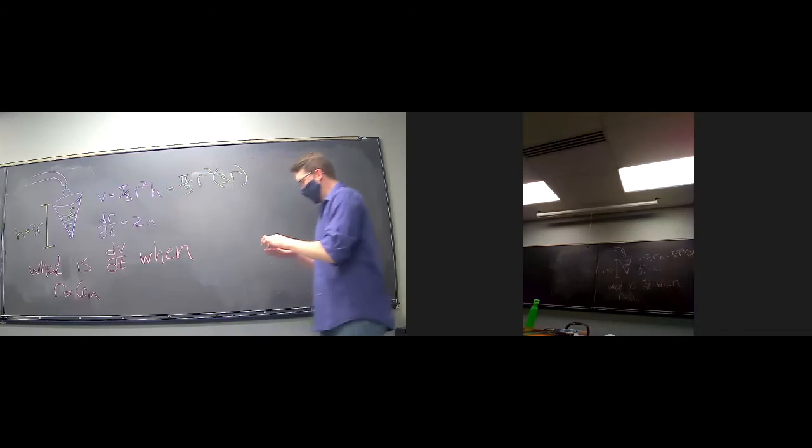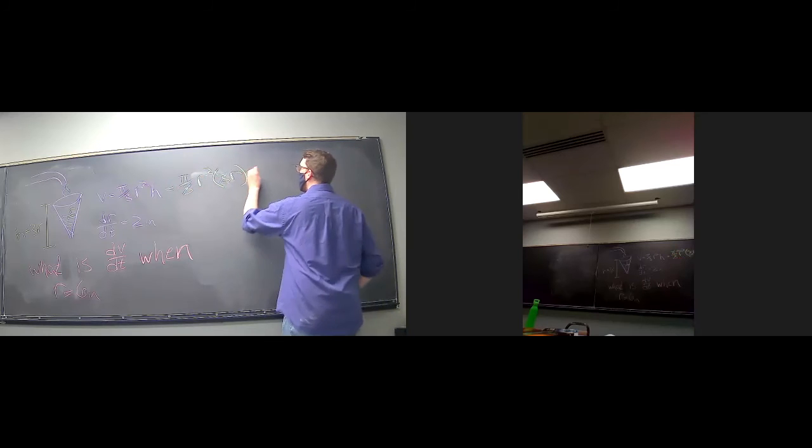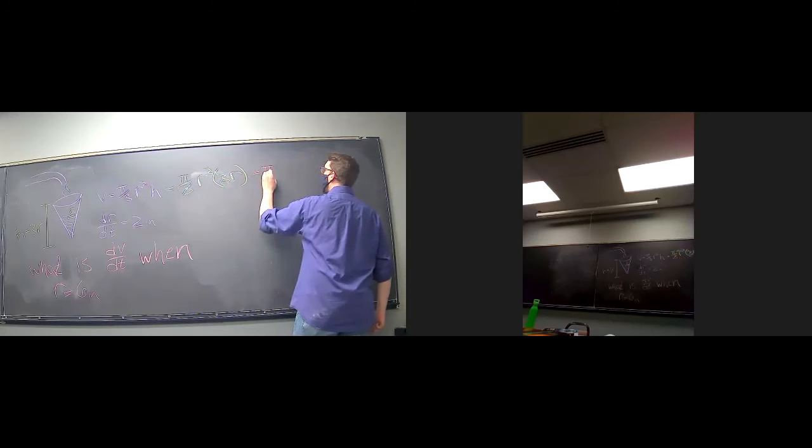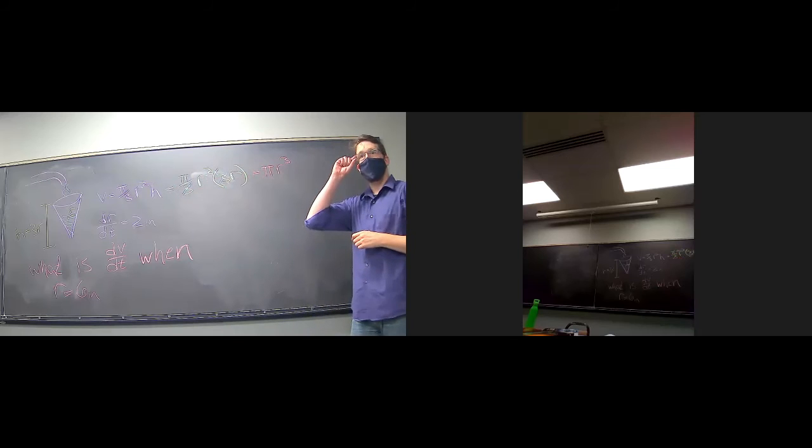Let me write it the other way and then simplify it. Well, this is going to cancel with that. We're going to be left with pi r cubed. Everybody agree with this?